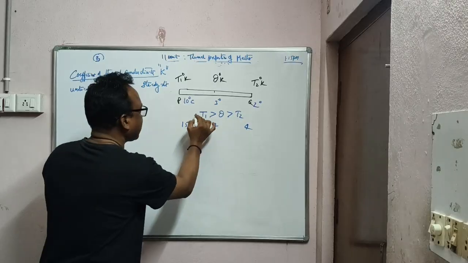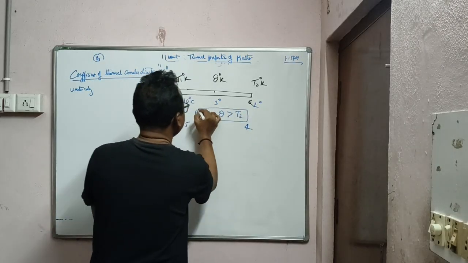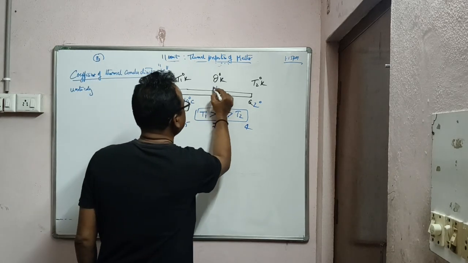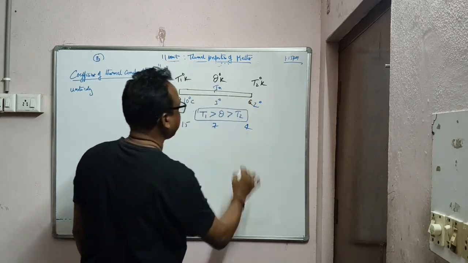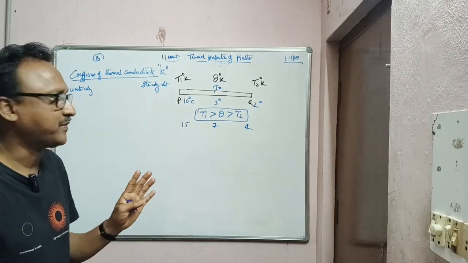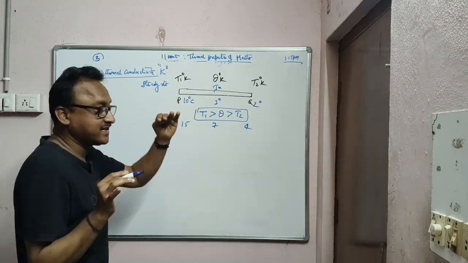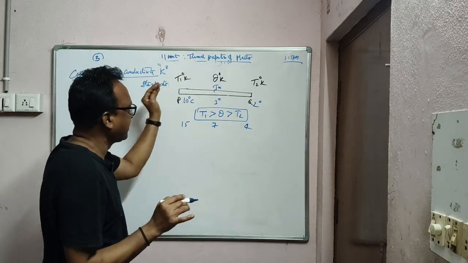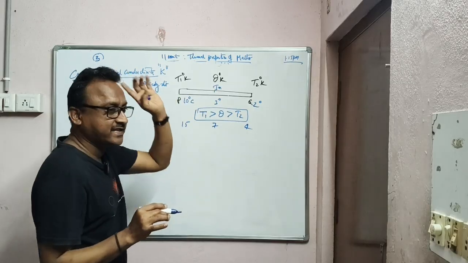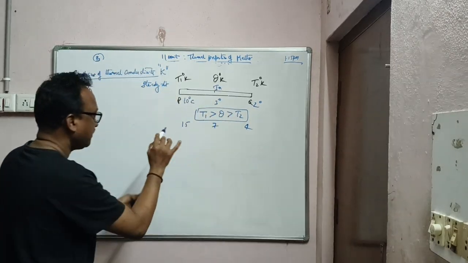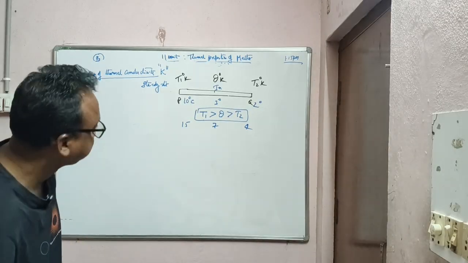So T1 is always greater than the junction temperature, and the junction temperature is greater than the end temperature. This is the philosophy we will be using throughout the chapter. In unsteady condition there is some variation in T1 and T2 because the temperature is not steady, but when it reaches the steady condition, T1 is greater than theta greater than T2. Please note that point, very important.